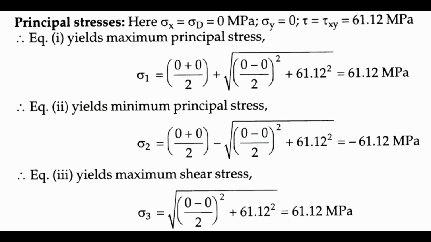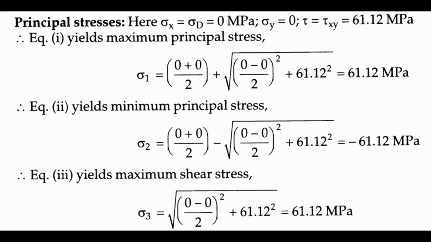Here there is no sigma x. We all know sigma x is equal to sigma d, right? And it is zero in this case. And the sigma y is also zero. But on the other hand, there will be tau, because it is directly causing shear stress because of torsion. So tau will be equal to tau xy. We have to remember if there is torsional load, tau xy will be that shear stress developed.